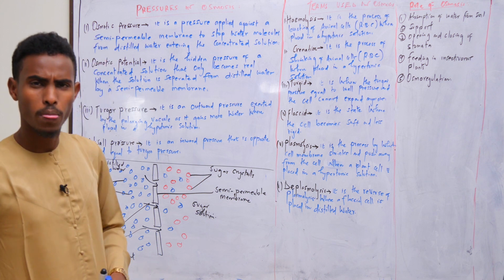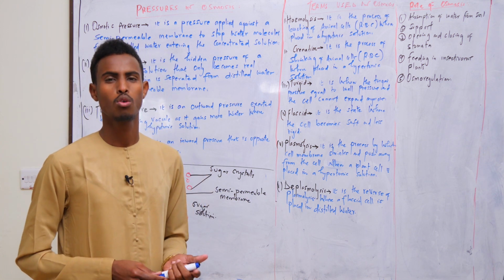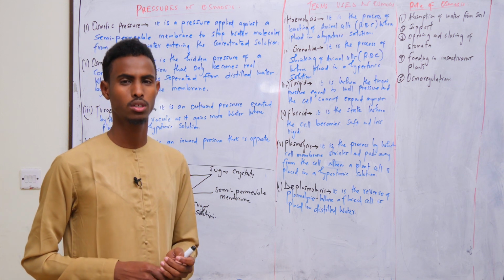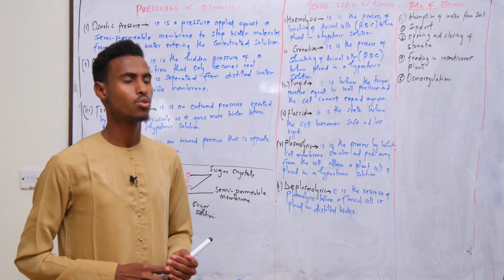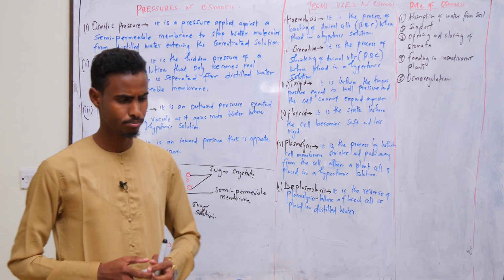And therefore, we can define osmosis as the process by which water molecules move from a region of high water concentration to a region of low water concentration through a semi-permeable membrane.